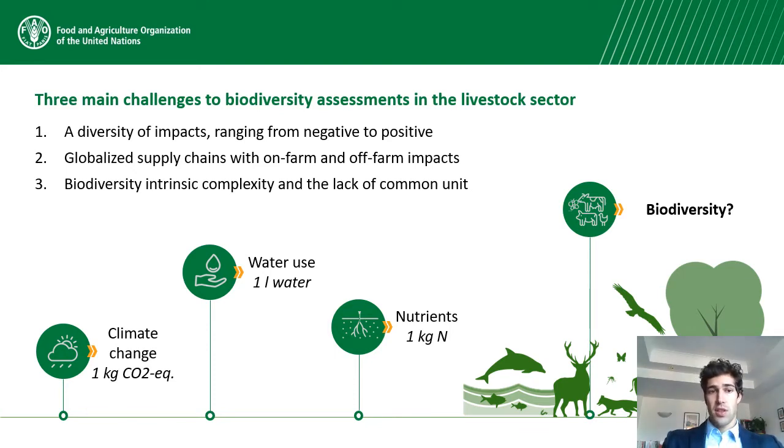And the third challenge is not specific to livestock, and it's the fact that biodiversity is intrinsically complex. Unlike other environmental criteria, where there is a common unit, you can express climate change in CO2 equivalent or nutrient pollution in kilograms of nitrogen, for example, such a common currency doesn't exist for biodiversity.